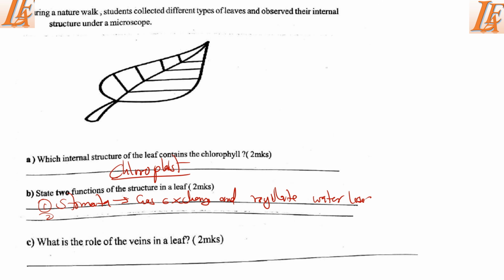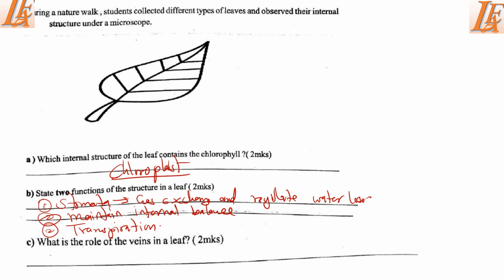Another function of the structure of the leaf is that they maintain internal balance. Another role is that they do what we call transpiration, and many other functions that you can list.